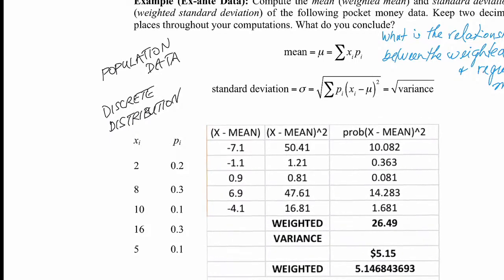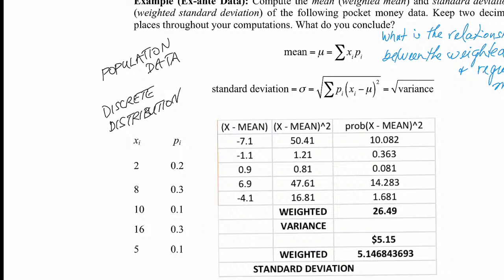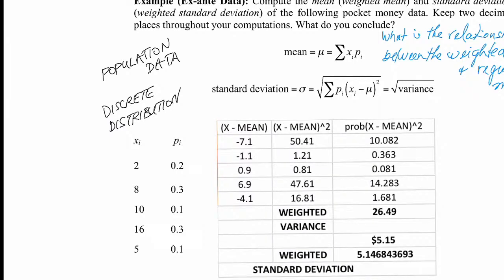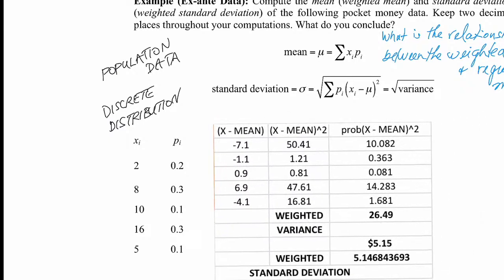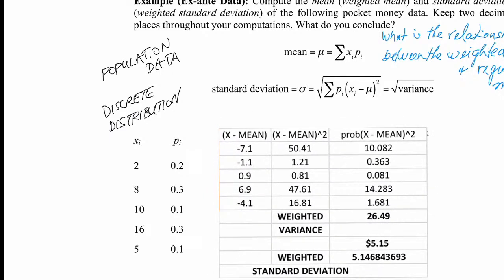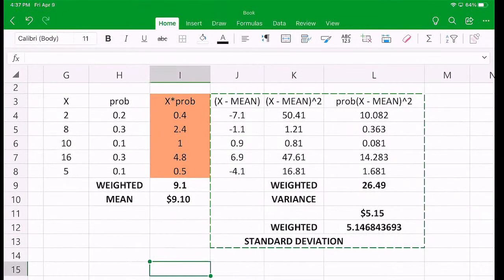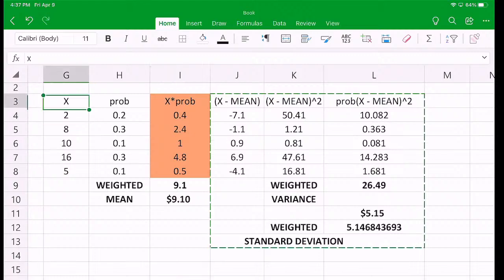So I could just cover. But this is not great because then I don't have my calculation for the mean. I'll go get that too. And the calculation for the mean is using these columns here.